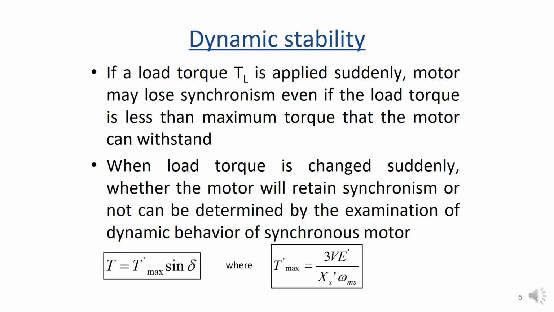When the load torque is changed suddenly, whether the motor will retain synchronism or not can be determined by examining the dynamic behavior of the synchronous motor. So now the equation becomes T is equal to T'max into sine delta, where T'max is 3VE' by XS' into omega ms.